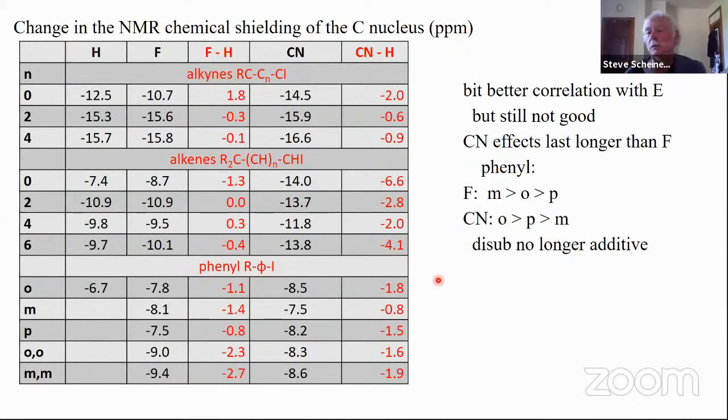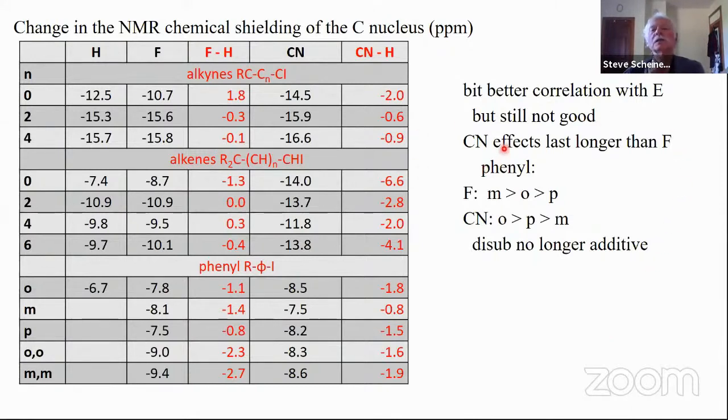Another atom that's used in hydrogen bonds is the atom which is directly bonded to the bridging hydrogen. In this case, that's the carbon that's bonded to the I. Here is a little bit better correlation with the interaction energy. It's still not very good.